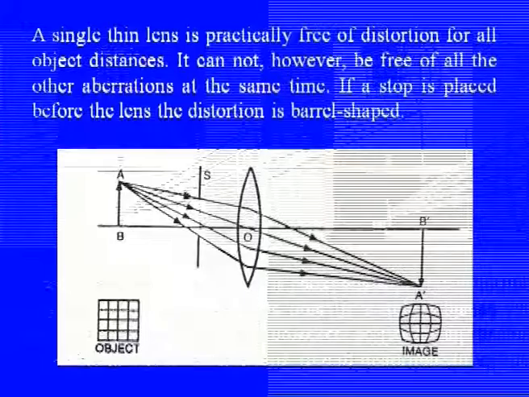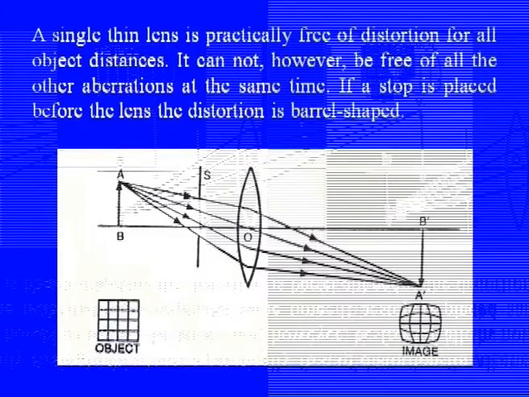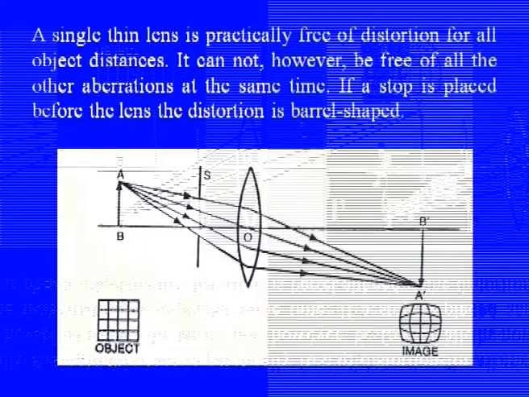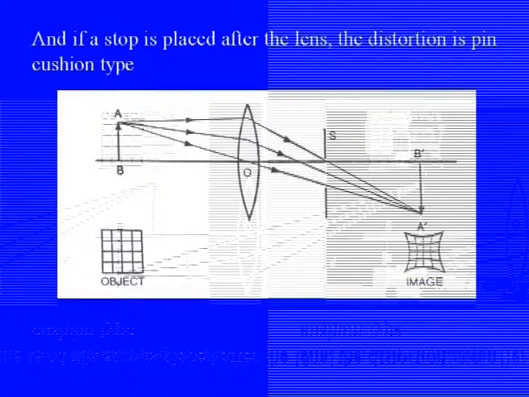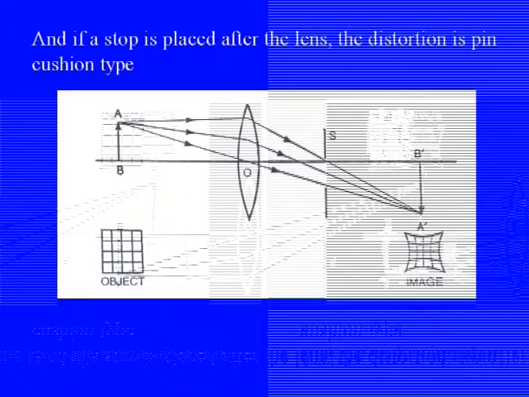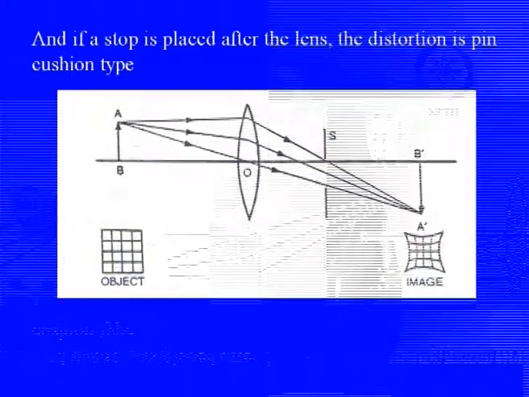It cannot, however, be free for all the other aberrations at the same time. Now, if a stop is placed before the lens, that is in the object space, the distortion is barrel shaped, more magnification near the axis and less towards the edges. And if a stop is placed after the lens, that is in the image region, the distortion is pincushion type, stretching at the edges.